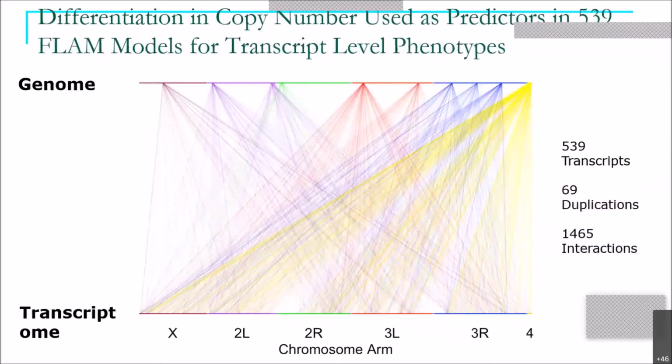Whereas the copy number differentiation, we only had 69 sequence duplications genome-wide. This is very weakly predictive of what's going on in the transcriptome.